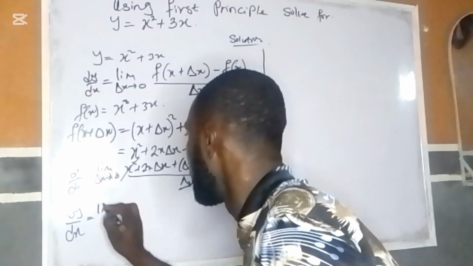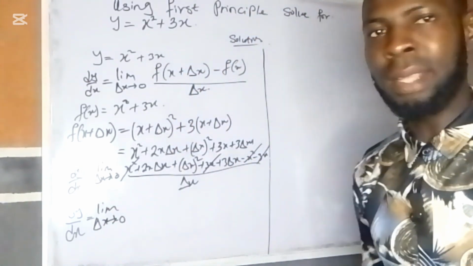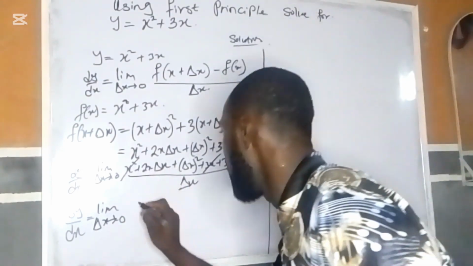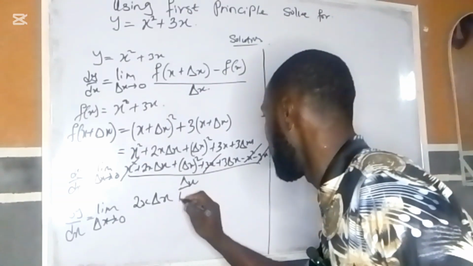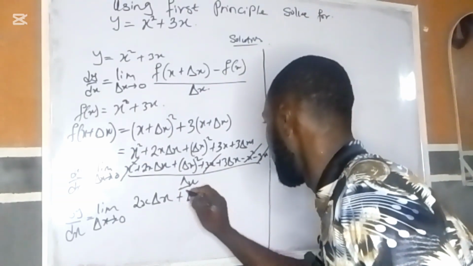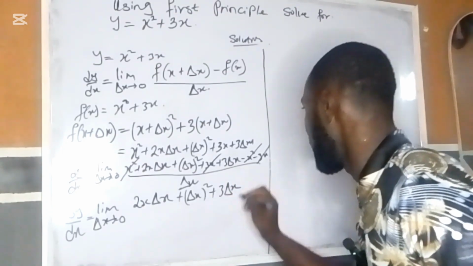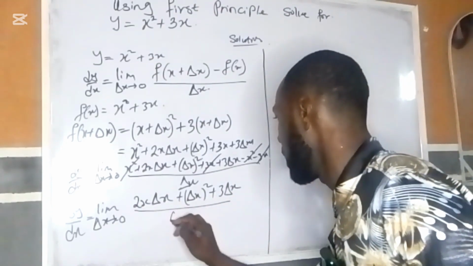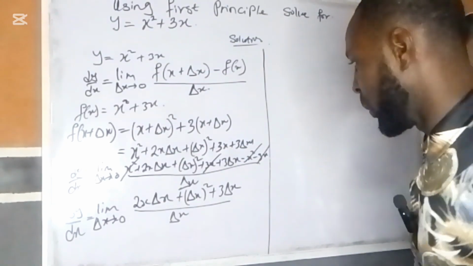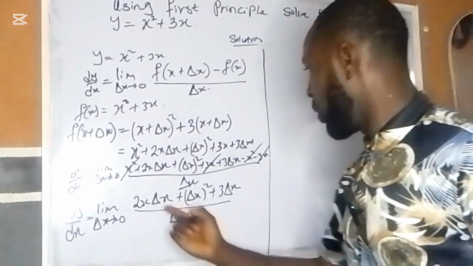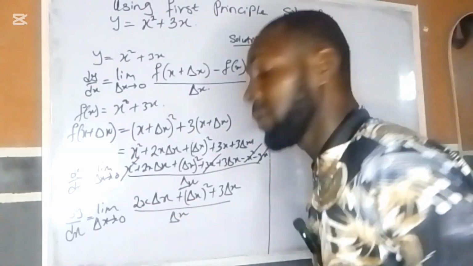The limit as change in x approaches 0. What is left here is 2x change in x plus change in x squared plus 3 change in x, all over change in x. Have you seen it? We are going. Now, what is common at the numerator is change in x. So let's factor it out.